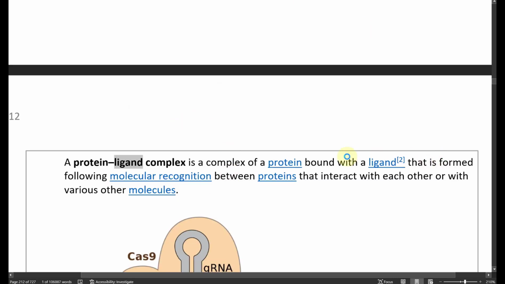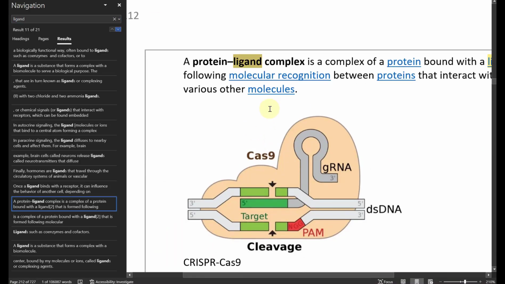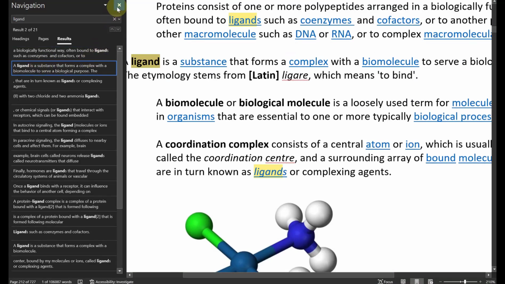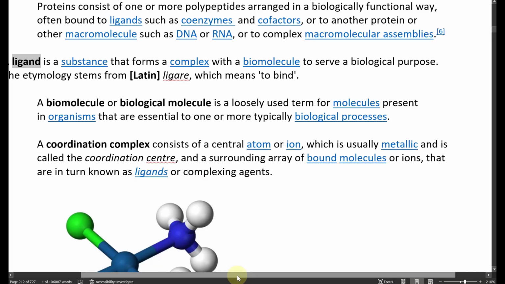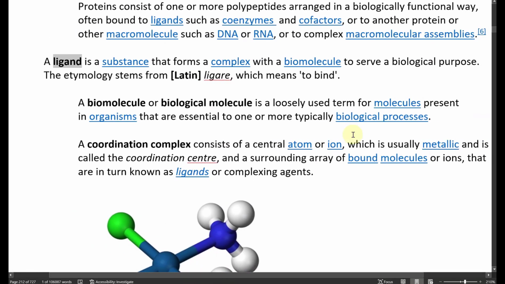Let's review ligand again. Let's search up ligand right here. A ligand is a substance that forms a complex with a biological molecule to serve a biological purpose. The etymology stems from the Latin ligare, which means to bind.